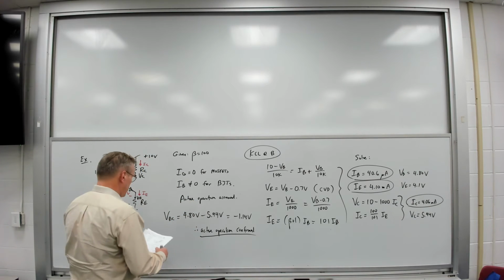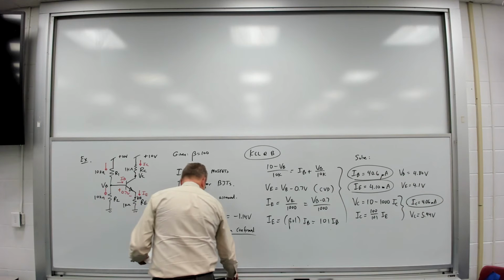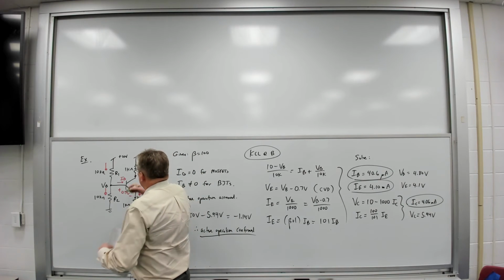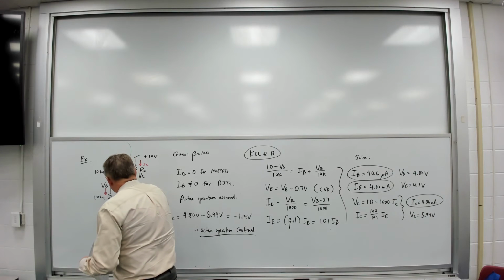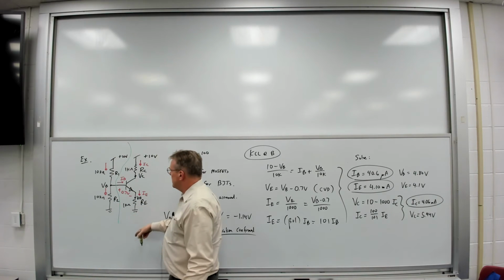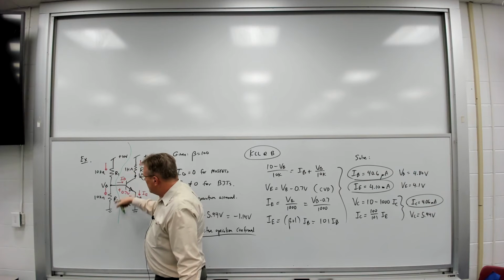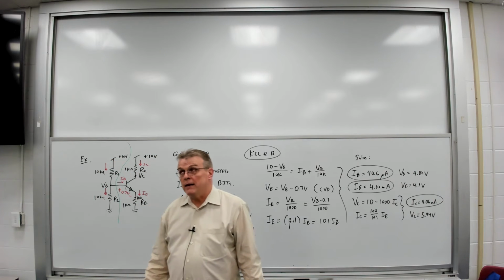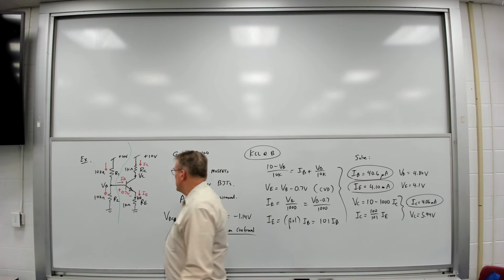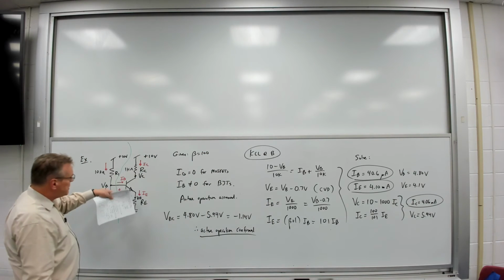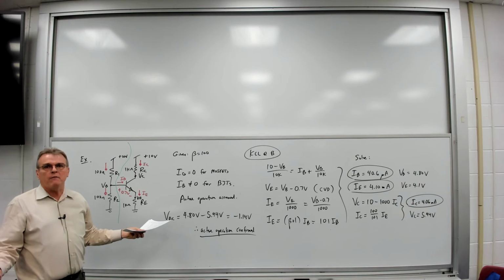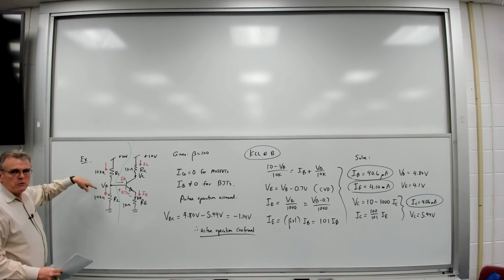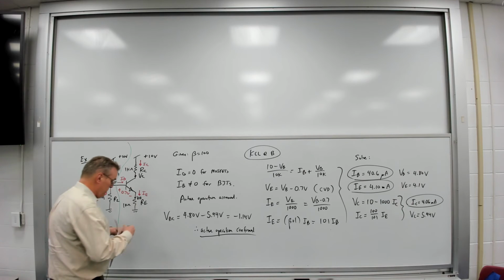So let's take this circuit and partition it. I'm going to create a Thevenin equivalent of the circuit on the left-hand side, treating this transistor and these resistors like the load of a Thevenin equivalent circuit. So I'm going to Thevenize that input circuit.